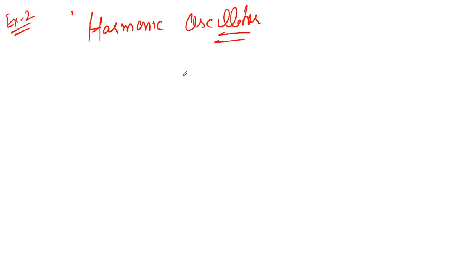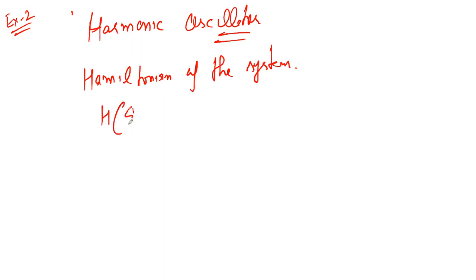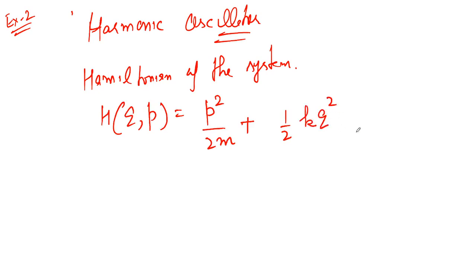Let us consider a one-dimensional linear harmonic oscillator, and for this the Hamiltonian, that is the total function or the total energy of the system, is generally defined in terms of position and momentum coordinates, and that is equal to p square over 2m, which is the kinetic energy, plus half k q square, where q is the position coordinate.